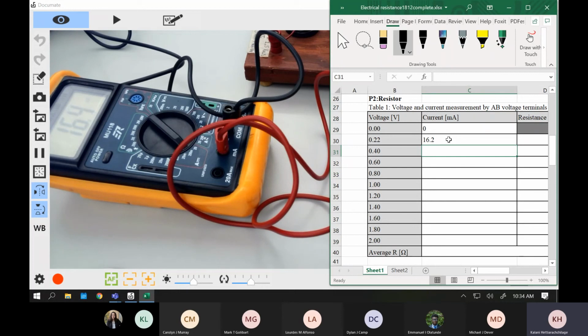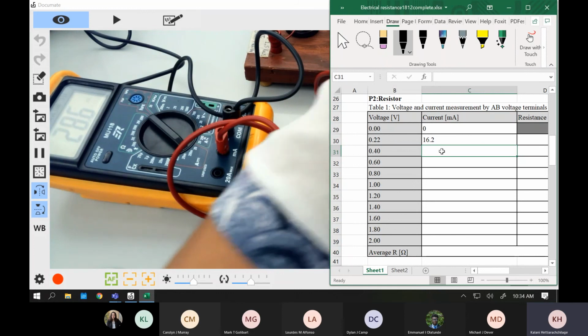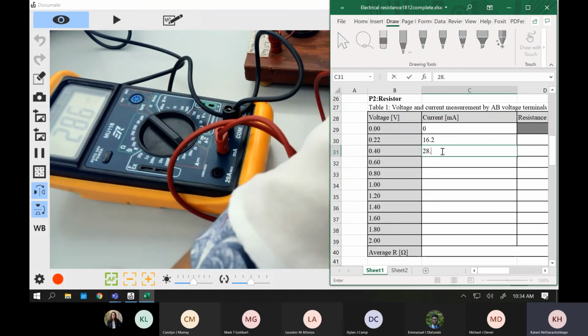Anybody else has any issue? So all the other circuits are working well. And let's move into the 0.3, no, 0.4, and keep continuing. Okay, so 0.4 may be able to take it, may not be able to take it, but whichever number you get, you're going to write it. 28.7.